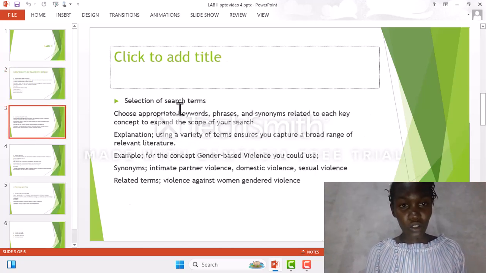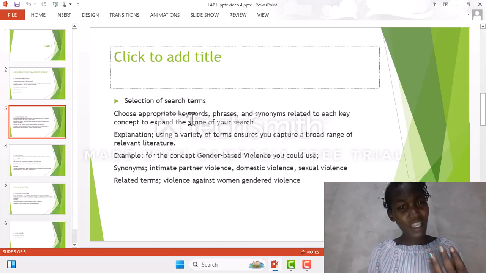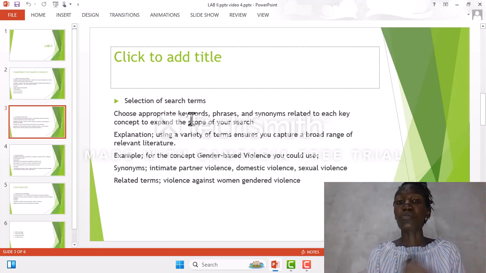Then on selection of search terms, choose appropriate keywords, phrases, synonyms related to each key concept to expand the scope of your research. We talked about this in our first videos, so this is self-explanatory. Using a variety of terms ensures you capture a broad range of relevant literature.